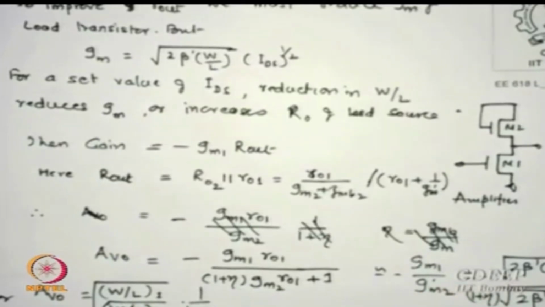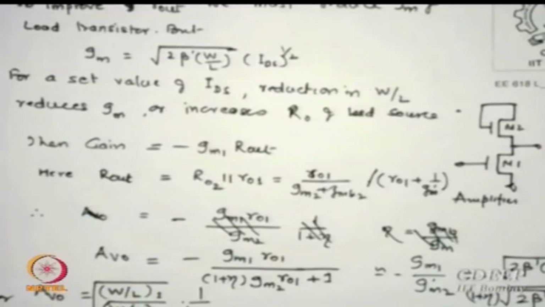So if you are looking for something constant or variable which should not affect your Av0, then this is an ideal situation. Just sizing, and please remember individual size is not relevant, the ratio is relevant. You can adjust individual sizes to suit something else, but still make a ratio of required current gain, voltage gains.